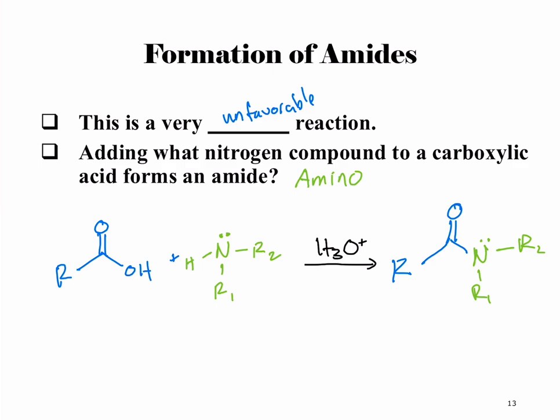We have one oxygen, which means you lost one oxygen, and what else do we lose? Hydrogen. How many hydrogens do we lose? Two. So what do you guys think the byproduct of this reaction is gonna be? Water, right? So this is gonna be exactly the same as esterification, right? Where we get the byproduct of water from an alcohol and a carboxylic acid. An amide works the same way, except we have an amine instead of an alcohol.